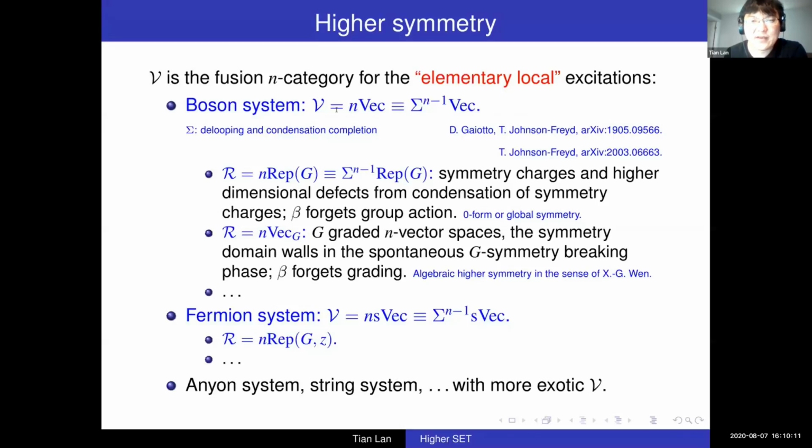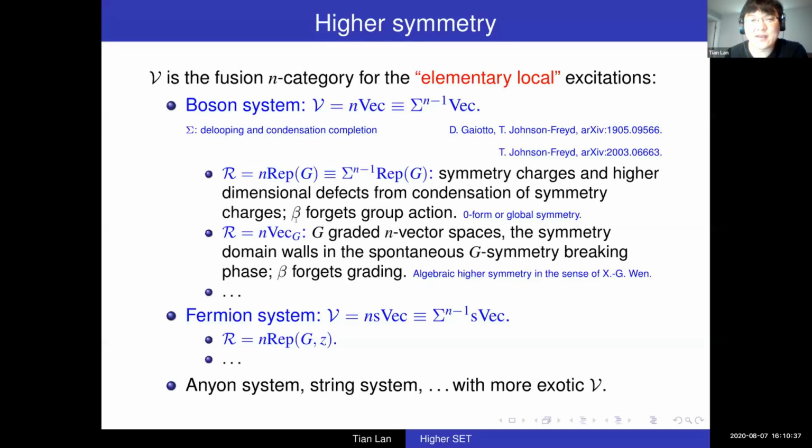So this is for boson systems. And there are two typical examples. One is the enriched G-representations, which already appeared in the previous talks. It means the symmetry charges of a group G and all the higher dimensional condensation defects from the symmetry charges.